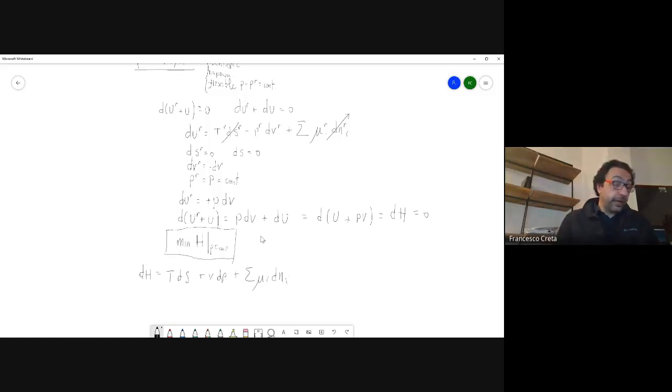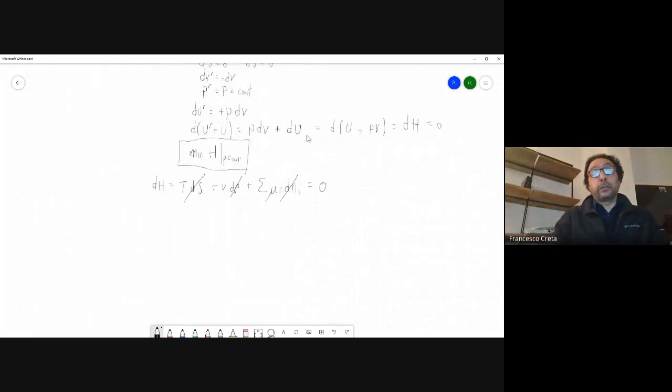Well, it's pretty clear that for an isentropic, impermeable, constant pressure system, dH is equal to 0. So that, in some sense, tells us that the enthalpy is the right potential to use in the case of a constant pressure system. And we can go on and on with these examples.